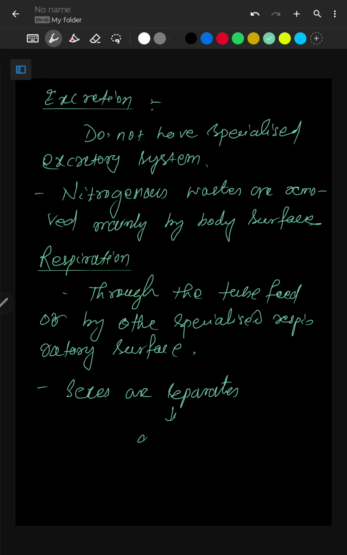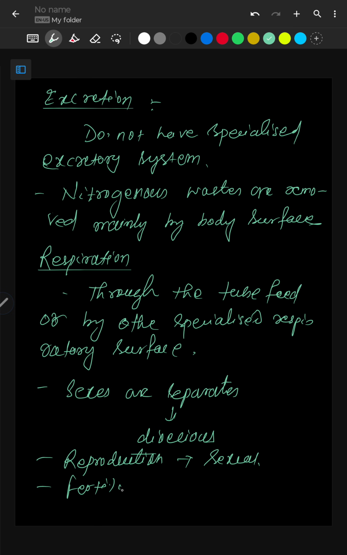Okay, now come to the reproductive system. Here the sexes are separate, that means dioecious. Reproduction is sexual, and fertilization is external. The male and female gametes are released into the sea water, where the fertilization takes place. Now come to development.